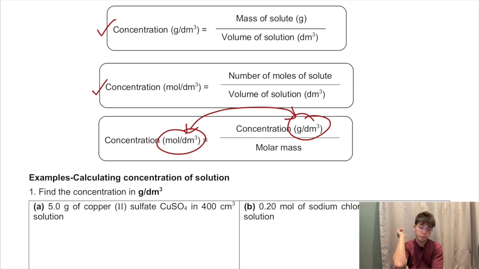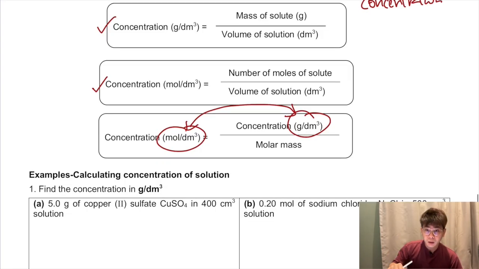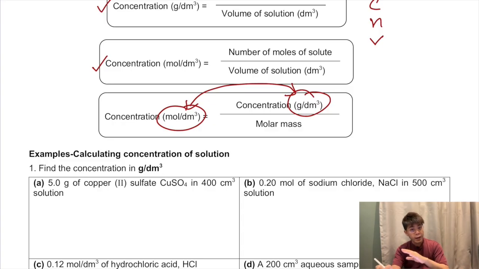As I've mentioned before, remembering formulas can be difficult, so I'd like to give you an easier way to remember. Every time you see the word concentration, I would like you all to remember, in alphabetical order, C, N, V. I want you all to write it like that, C, N, V. C stands for concentration, N stands for number of moles or mass, so CNV or CMV, and V stands for volume.